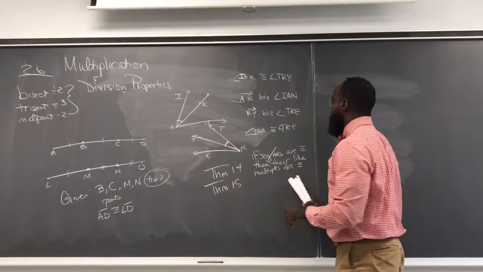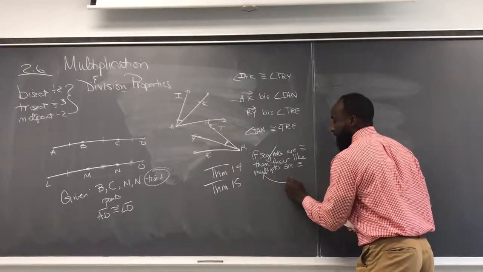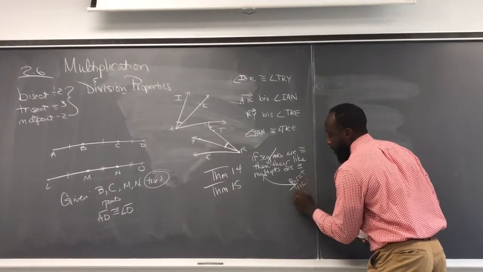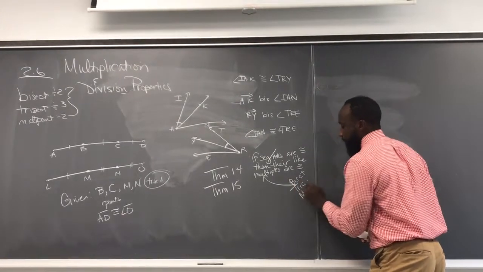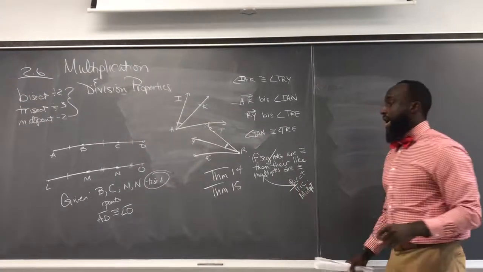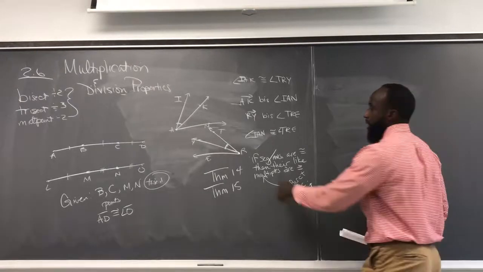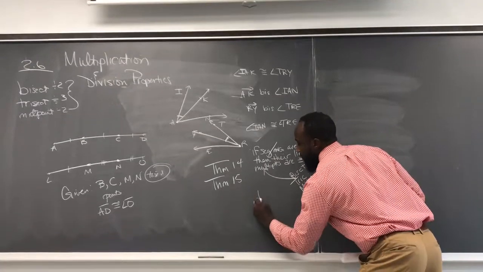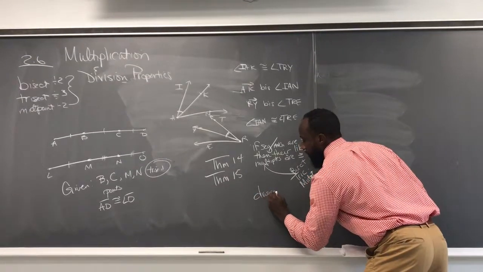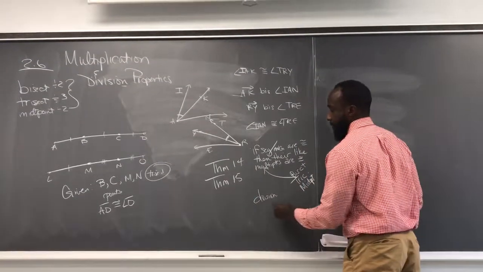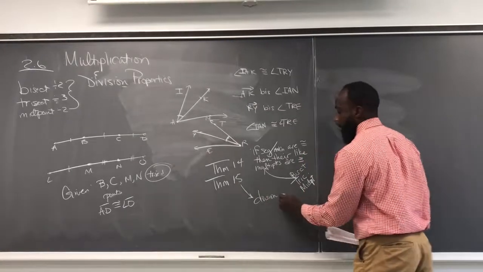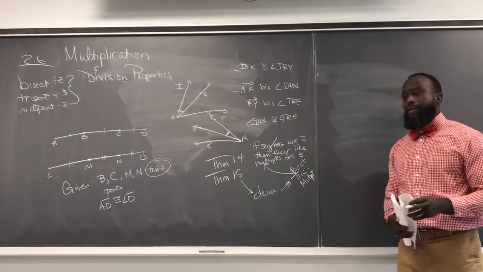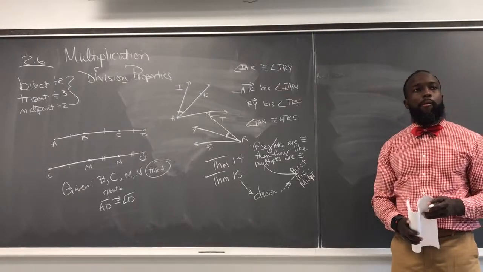Like multiples meaning bisect, trisect, or midpoint, right? And Theorem 15 says if segments and angles are congruent, then their like divisions are congruent, right? That goes here. And we're talking about trisect, bisect, and midpoint, okay?